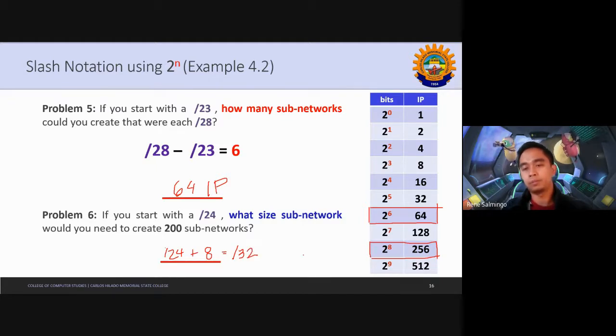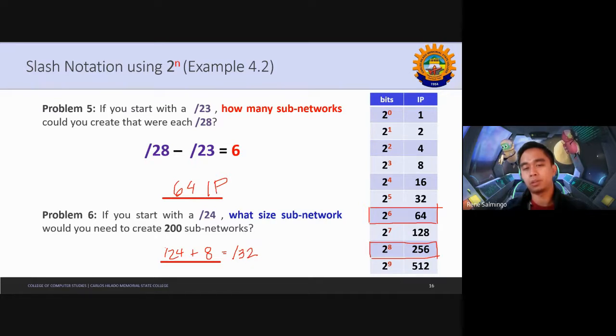In this case, how many hosts will you have? In this case, you will have no hosts. In this example, you have just the network number, but you could not have hosts.